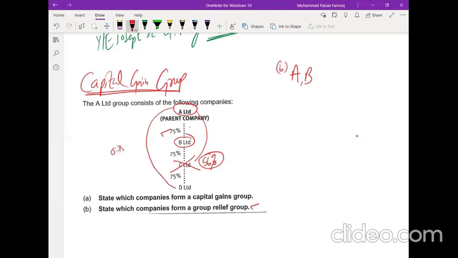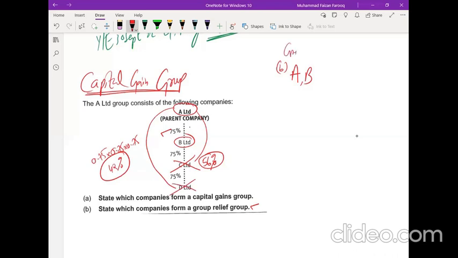So 0.75 times 0.75 times 0.75, what will it be? It will not be a part, but just for information we are solving. 42%. So D is also not a part of this group.